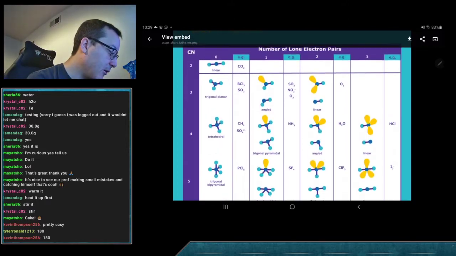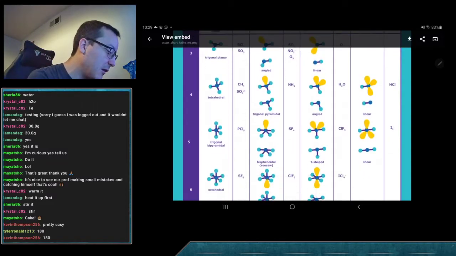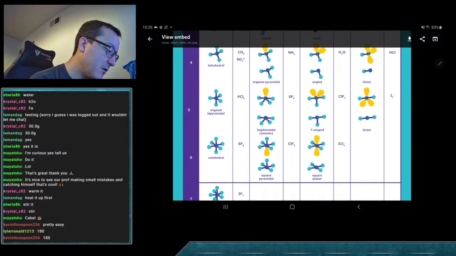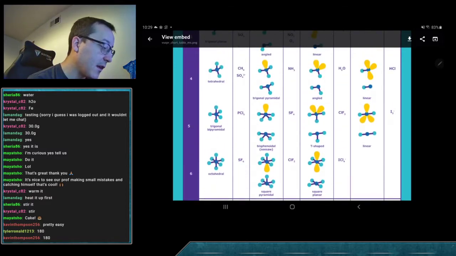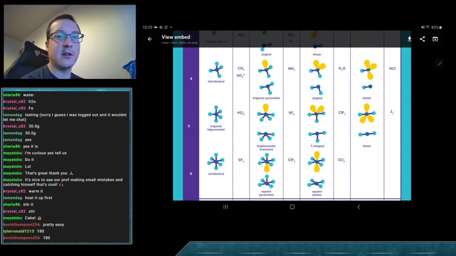You may want to make a little worksheet for yourself, with all of these molecules to draw, and here is your answer sheet right here, so you can clarify whether you're getting things correct or not. That would be my recommendation. Of course, you'll have access to this on your exam, so you're not going to have to memorize all the different shapes and geometries, but it would still be a good idea to be familiar with them.